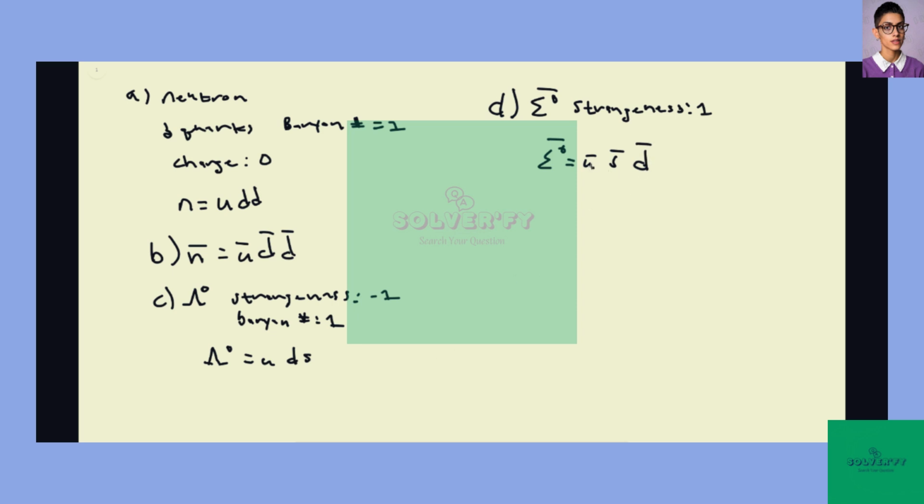So if you look, an anti-up is -2/3, anti-strange is +1/3, and an anti-down is +1/3, so that becomes a charge of 0. Baryon number becomes -1/3 times 3, which is -1. Strangeness is +1, so everything is conserved, and that is that.